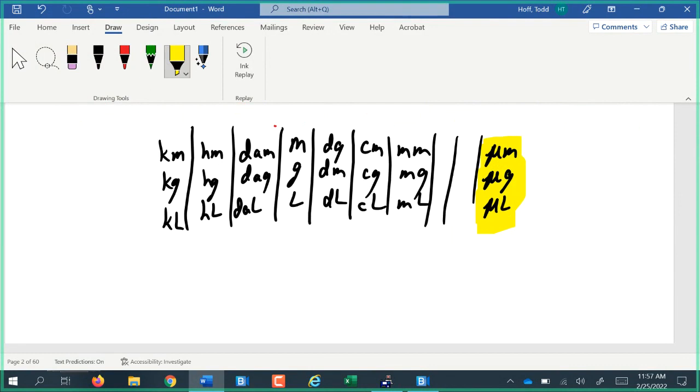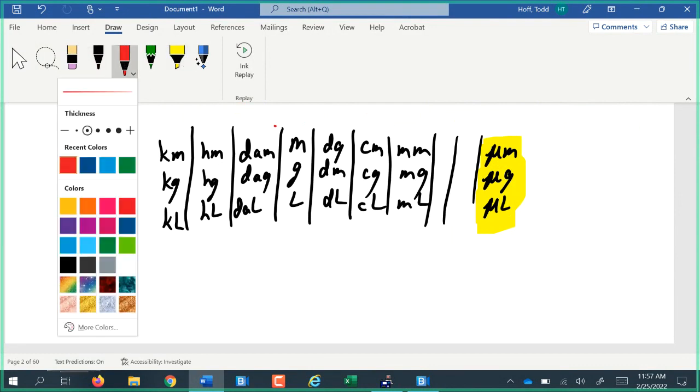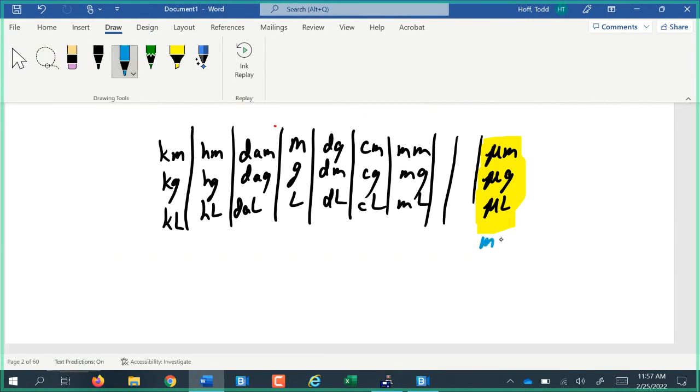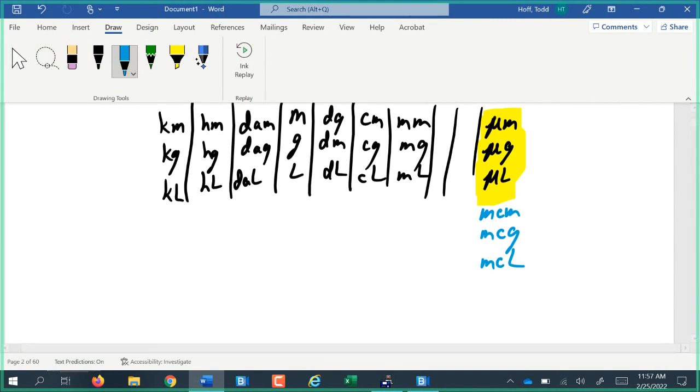But actually, in practice in the medical fields, because of the keyboarding problem, they would use MCM for micrometer, MCG for microgram, and MCL, so that we don't have to go through some sort of process to insert that Greek character into any sort of keyboarding that we're trying to do.